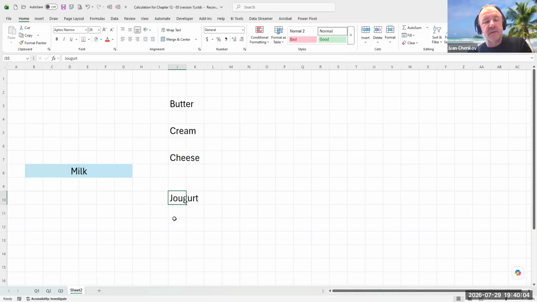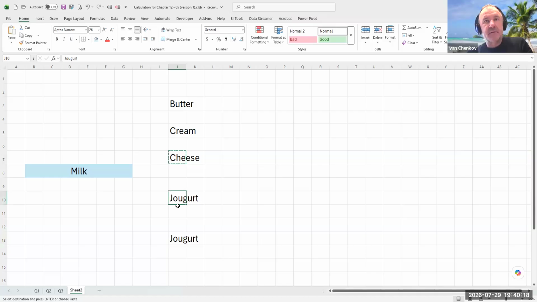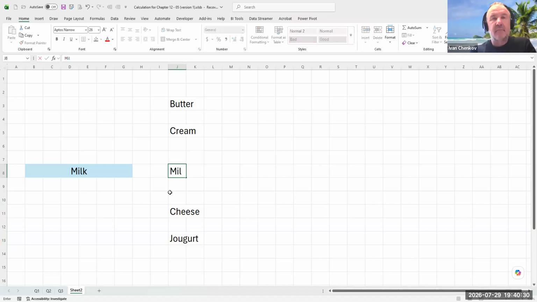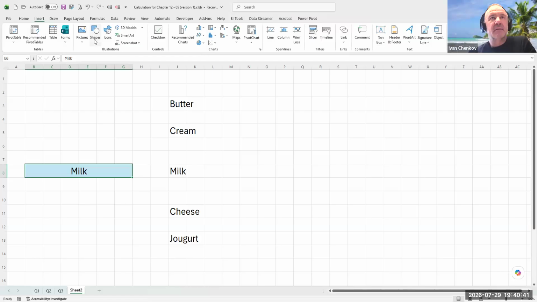Or let's make this yogurt a little bit down, and let's move this cheese here, and let's keep the milk the way it is, because I can keep selling milk. Since I have those products, I can easily insert some lines here, and make it more clear.